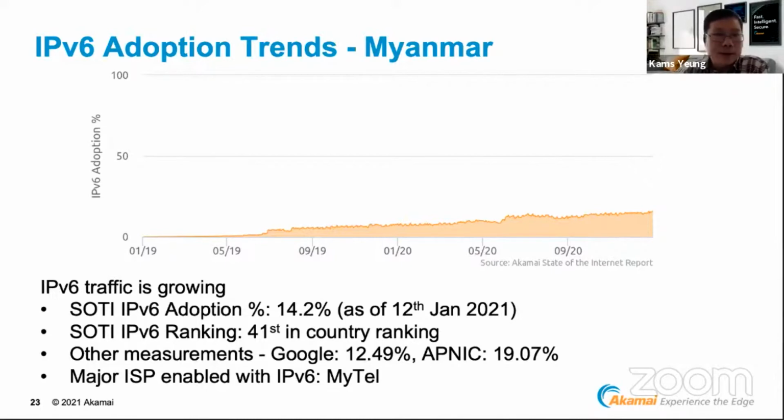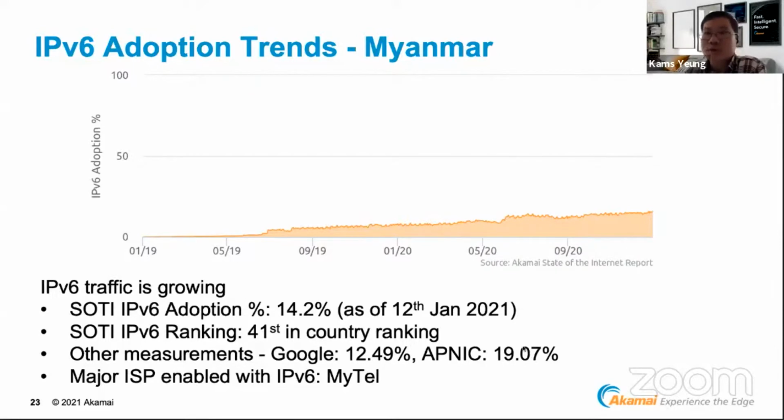If you want to compare that with other IPv6 measurements, Google says Myanmar has 12.49% and APNIC data says Myanmar has 19.7%, because they have different measurement methods, right? So the data could be different. We measure 14, Google is 12 and APNIC is 19.